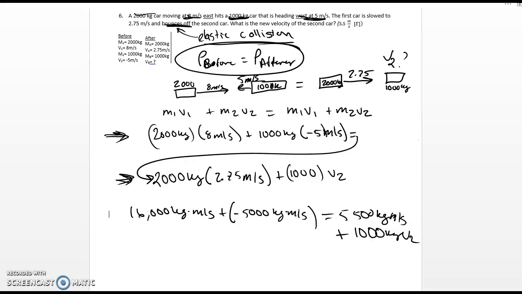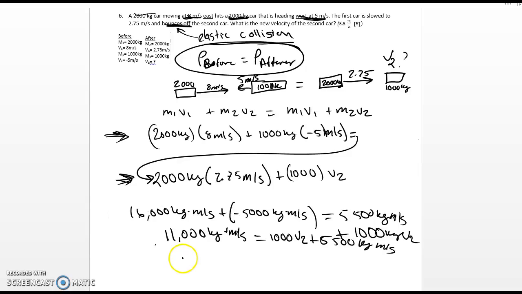All right, so here we have 11,000 kilogram meters per second is equal to 1,000 v2 plus 5,500 kilogram meters per second. So subtract 5,500 and solve for v2.